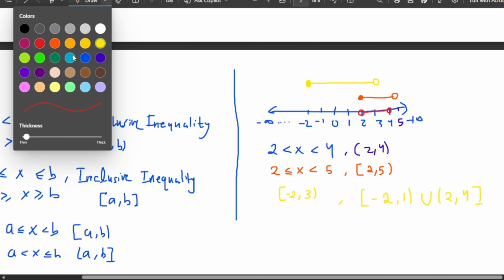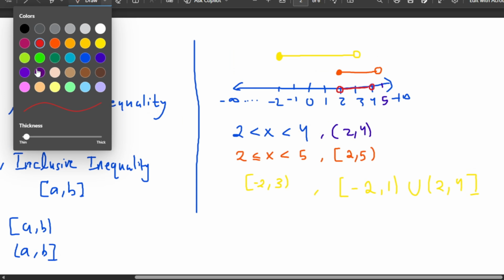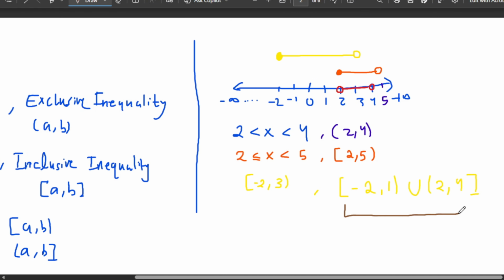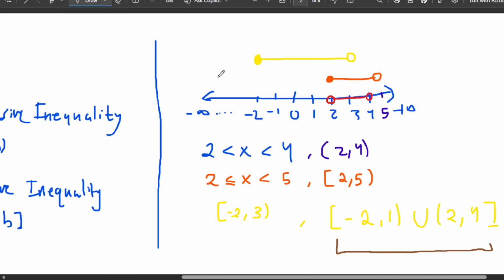So this means that if we have a union, from -2, which is a closed circle, to 1, which is an open circle, and we have a union, so it's still in the range, or in the y level, from 2 but with an open circle, and to 4, which is with a closed circle.